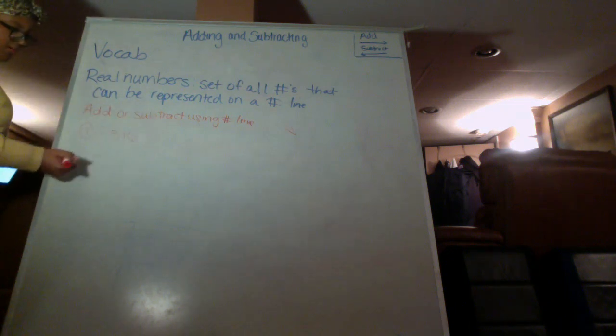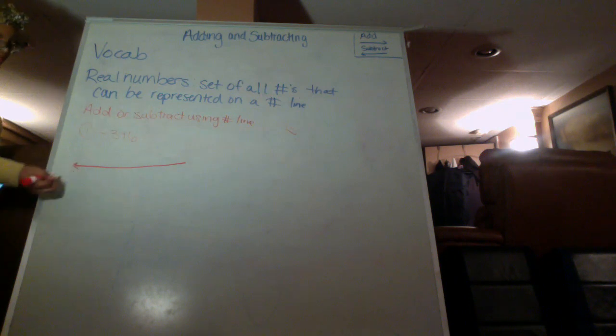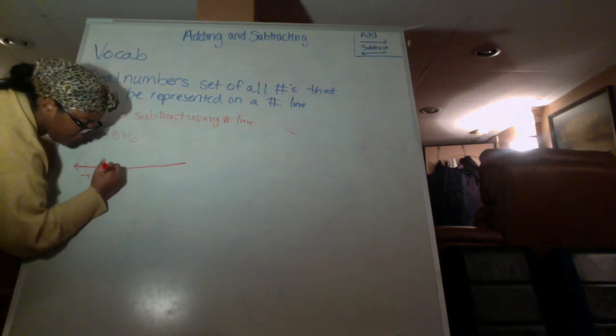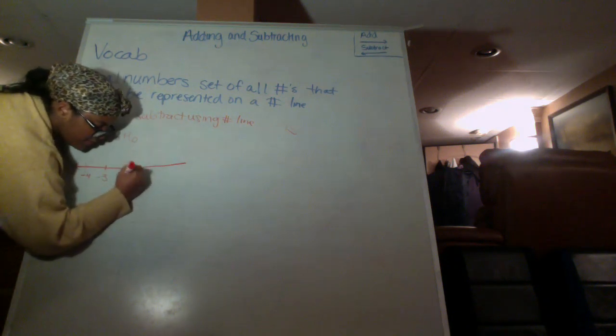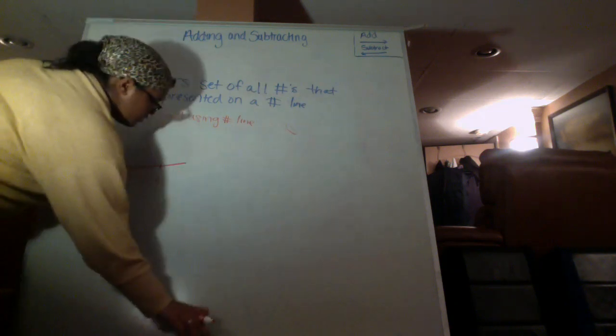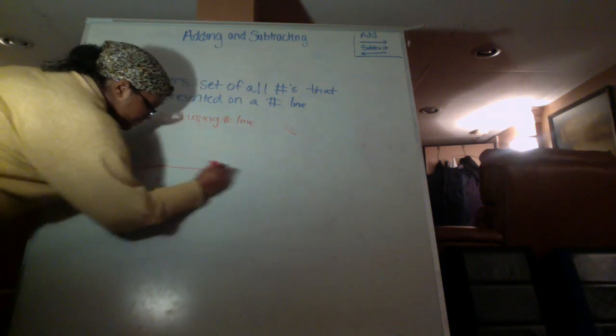So I'm going to draw a little number line, and we'll make this -4. So this will be -3. This will be -2, -1, 0. Sorry, I have to continue my number line.